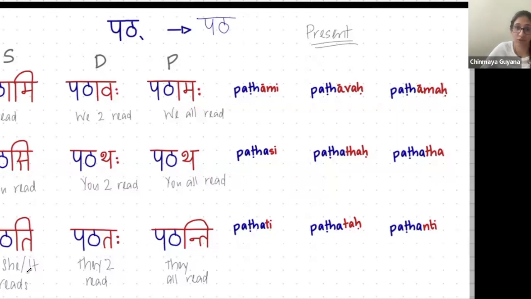Okay, this song should stick in your head. It is the most common conjugation table you will find in Sanskrit. If your mind is able to recognize these sounds, then you'll very quickly be able to recognize the verbs in the sentences. If not, for every word in the sentence you have to look at your verb table 9 times to try to figure out which one is the verb.